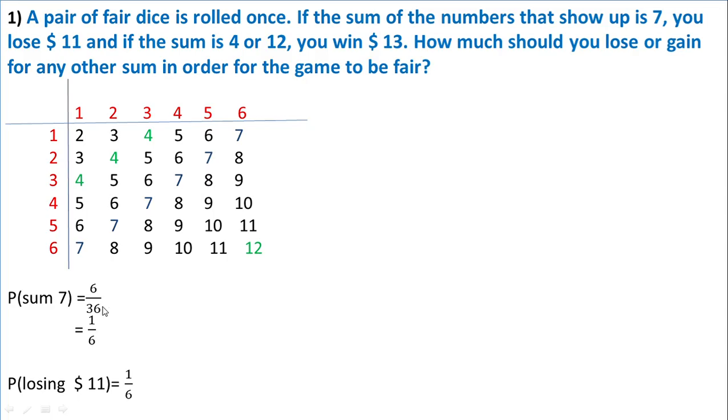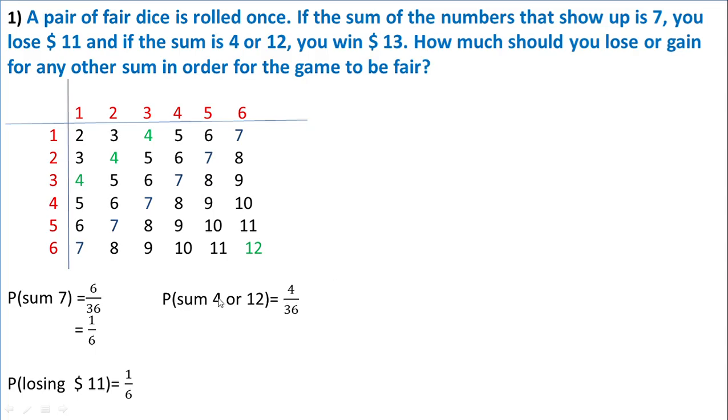If you reduce by 6, you have 1 over 6. It means the probability of losing 11 is 1 over 6, because if the probability of showing the sum 7 is 1 over 6, it indicates that the probability of losing 11 is also 1 over 6.